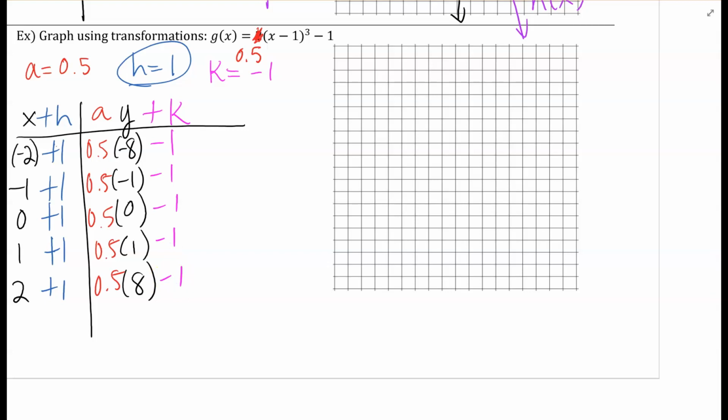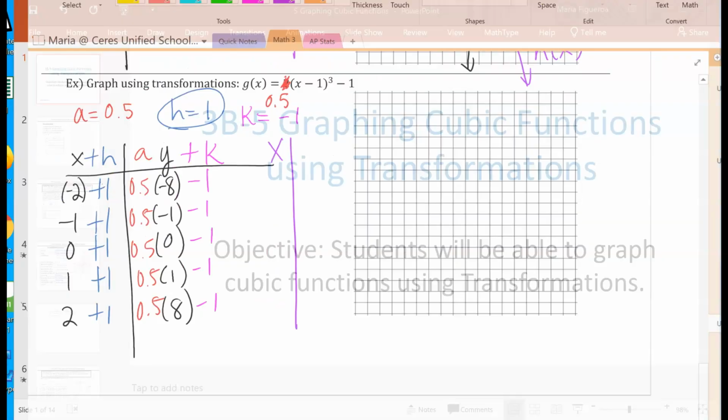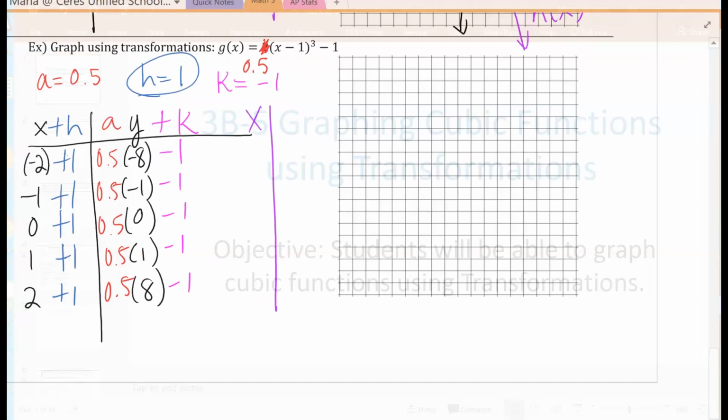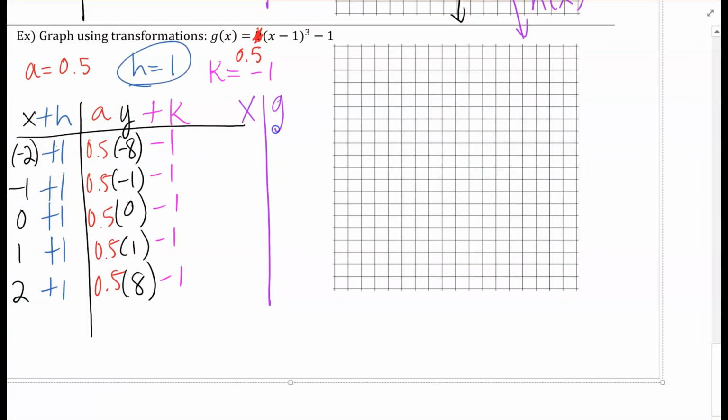And I'm going to calculate those again to get my x and g of x. Okay, so -2 plus 1 is going to give you -1. And then I'm going to get 0, 1, 2, 3. And you can check my math. I'm just trying to get this done so I don't take too much time on the video. So -8 times 0.5 is the same thing as -8 times 1/2, which is divided by 2.